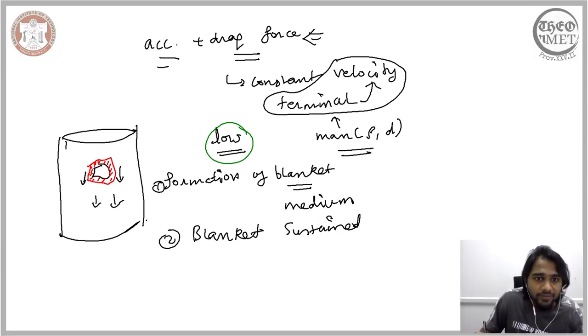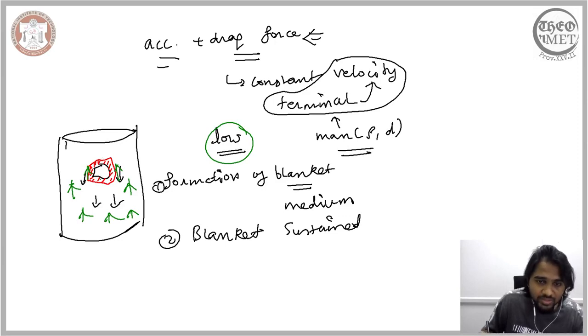Now whatever drag force is imposed on the particle, since this particle is traveling in a specific medium, it is not imposed on the particle itself, but rather on this blanket.